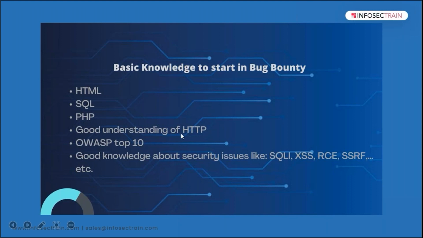I hope some people know what the OWASP top 10 is. If you don't know, I'll tell you, this OWASP top 10 is a checklist. Every 4 years, they update the checklist for testing. For example, if you are testing a vulnerability in a web application and preparing the report, using this OWASP top 10 checklist, you can give the position to the vulnerability. For example, if you find remote code execution, that will be high severity.